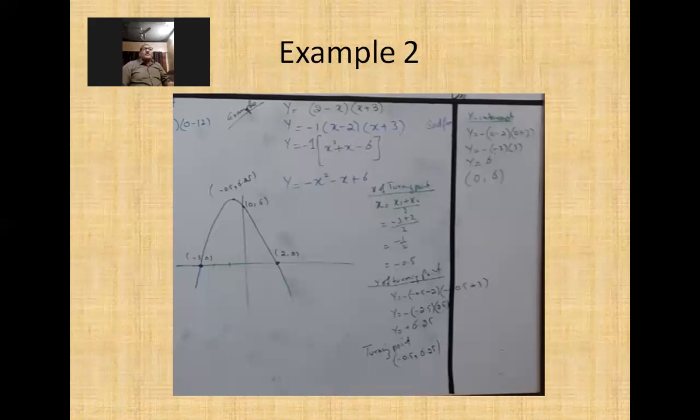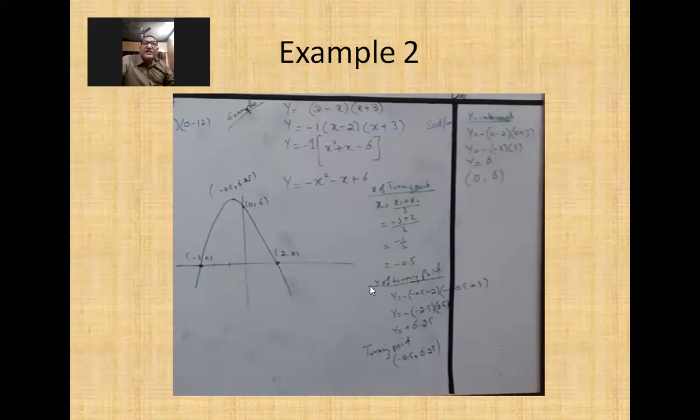So you just add them: minus 3 plus 2 divided by 2, and that will be minus 1 by 2. So the x of the turning point is minus 0.5. How do you get this x of the turning point? You add both the x-intercepts and divide by 2. That is how you do it.